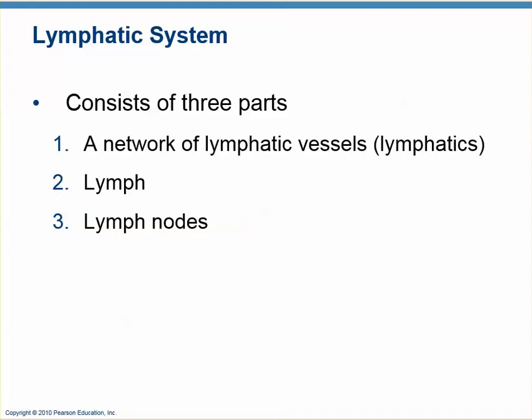The lymph is then cleaned in structures called lymph nodes. So those are the 3 parts: the vessels, the lymph itself, and the lymph nodes that are part of the vessel network.